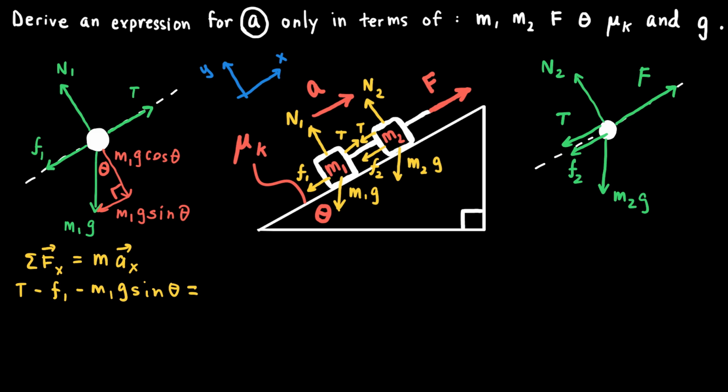And so the right side of this equation should be the mass, m1, times the positive acceleration, a. So here we have one of really 4 equations that we're going to write, because for each block we'll write an equation for the x direction and for the y direction. And so here's one of those equations.